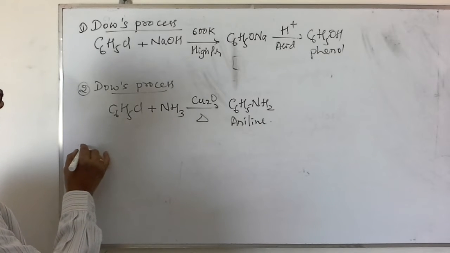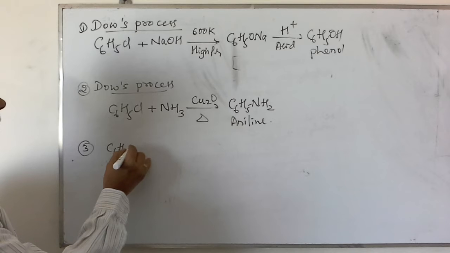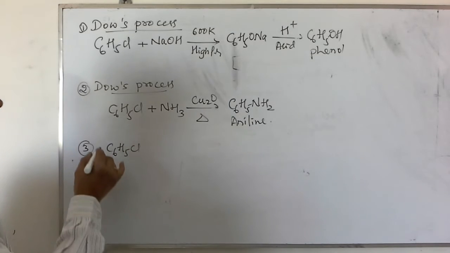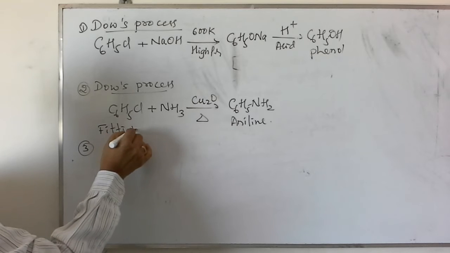The next one is, when you take this C6H5Cl, this is actually called as the Fittig reaction.